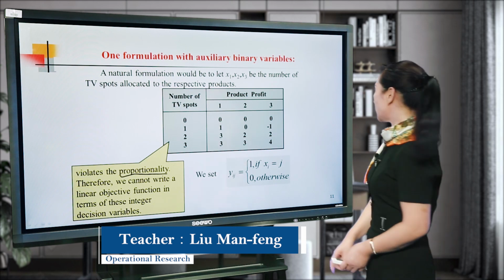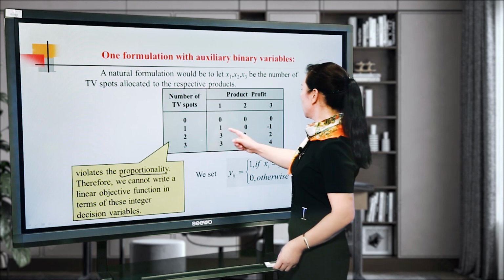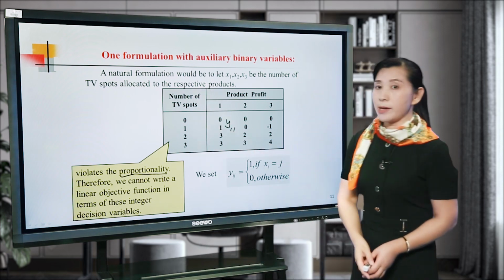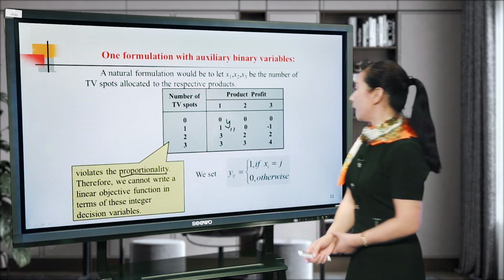otherwise 0. And that is y11 is product 1 purchases 1 TV spot.